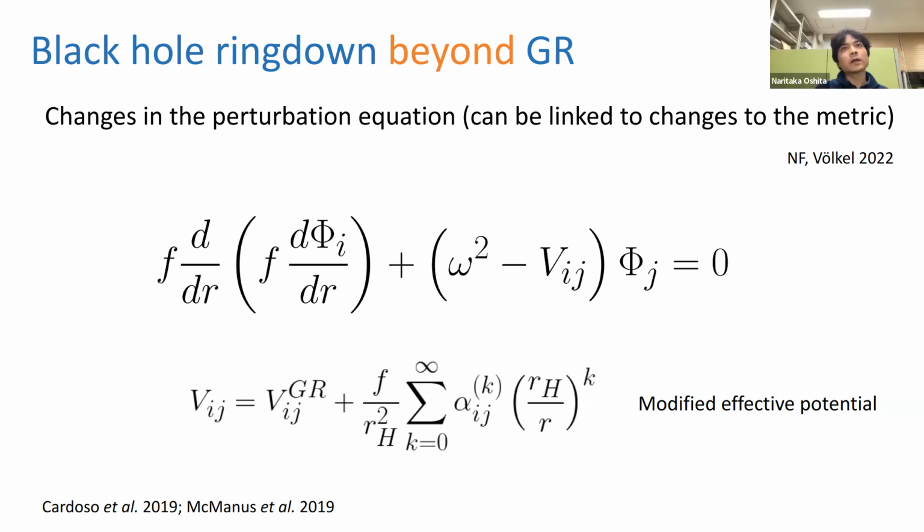Yeah, for example, if you suppose the LISA ringdown of supermassive black holes, some of the supermassive black holes are very highly spinning, around 0.99, depending on the model of the accretion disk around the black hole.